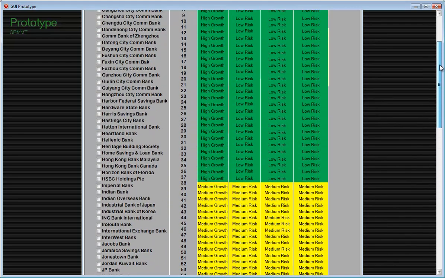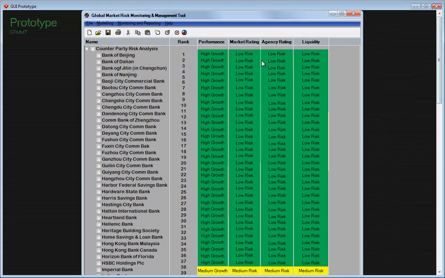Here we can see once again the performance matrix is out on the side, a lot of assessment done by either growth of the individual bank, market implied market ratings, external ratings agencies and liquidity assessments. Key point here being once again these criteria are selectable, and so users are free to add or vary those to suit the specific analysis they're undertaking.